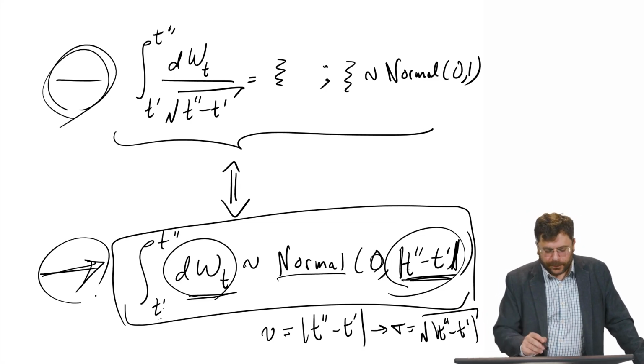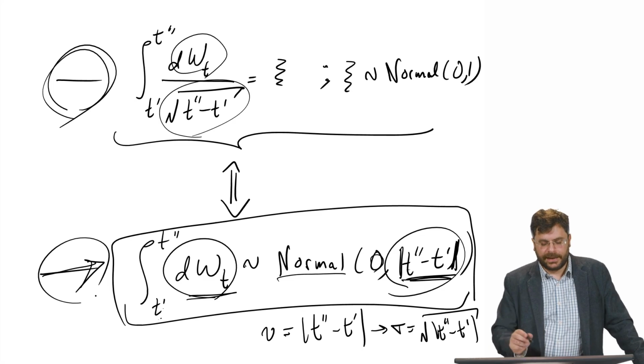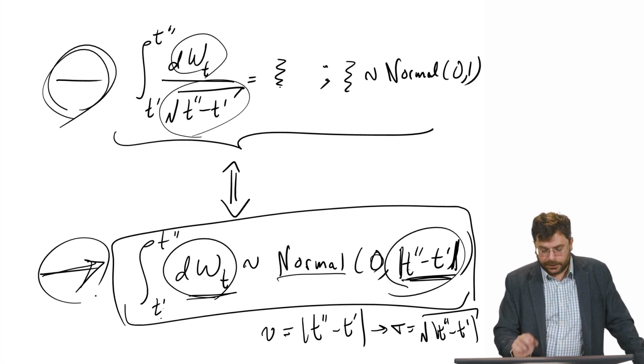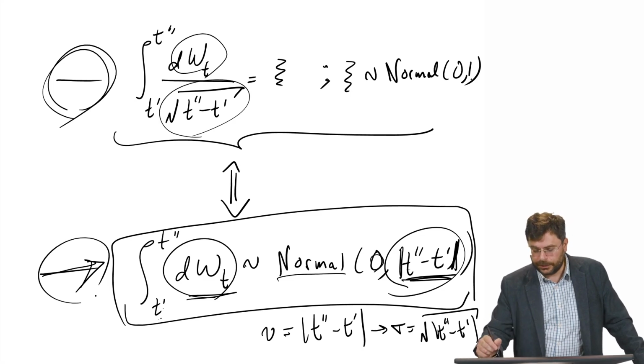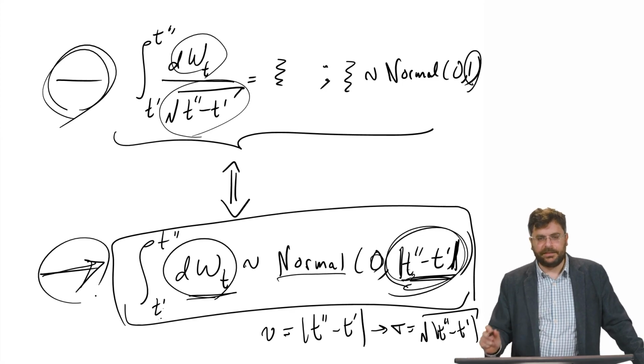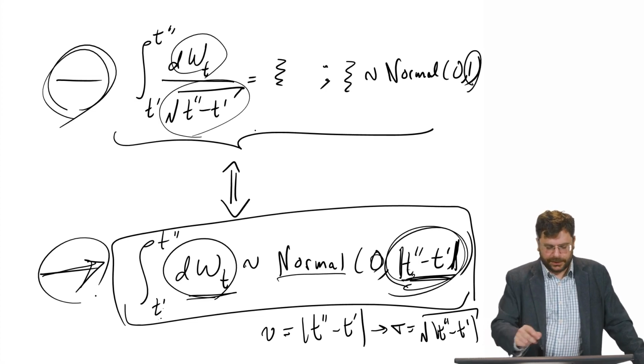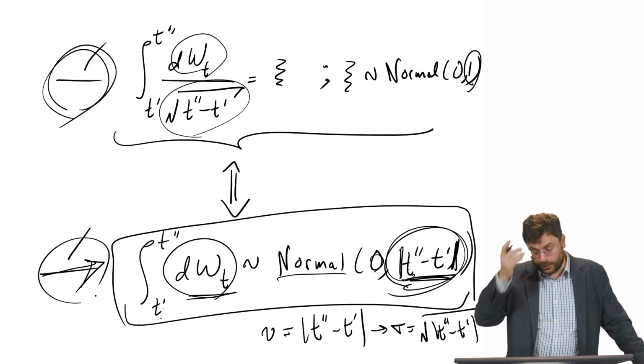It's another reformulation. The integral of the noise divided by the square root of the time interval must be drawn from a normal distribution, and notice the difference here, with a variance of 1 as opposed to a variance proportional to the time interval change. So both of these formulations are exactly equivalent.